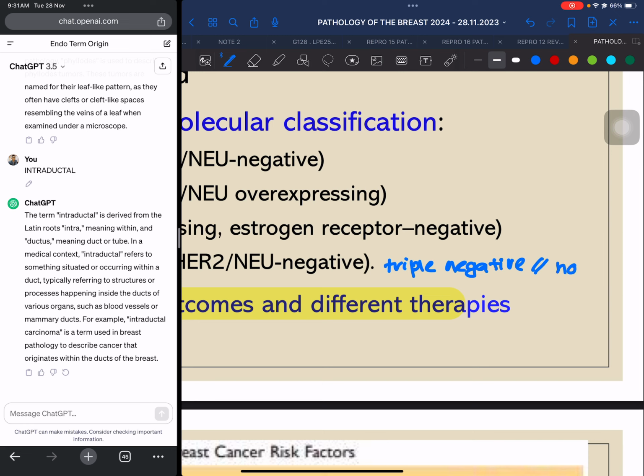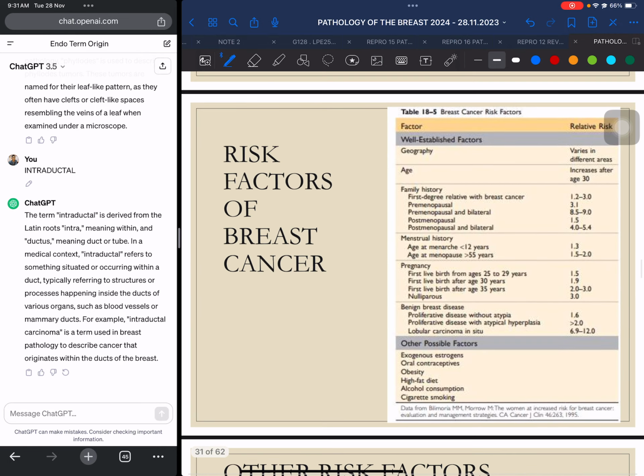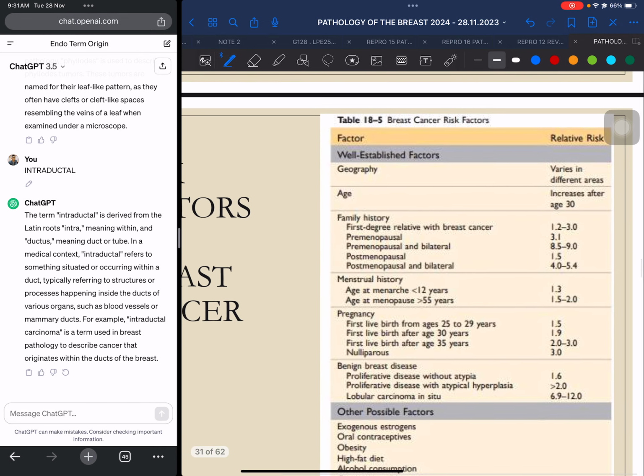Okay, so what are the risk factors for breast cancer? You have geographical distribution, age, which increases after the age of 30, family history, those who have a first degree relative with breast cancer will have increased risk.